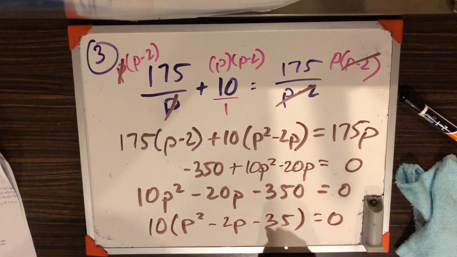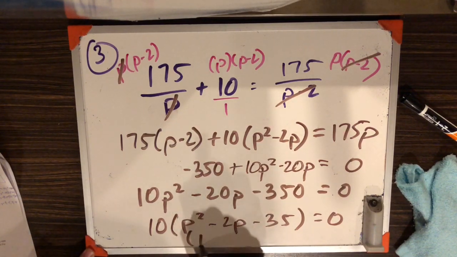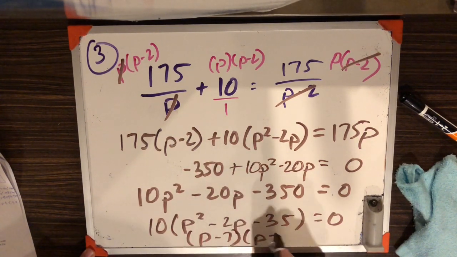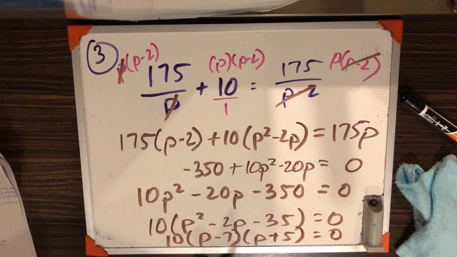Okay, so you can actually end up factoring this a bit more. So how do I end up factoring this? Well, again, this should be p minus 7, p plus 5 is equal to 0 with 10 on the outside.